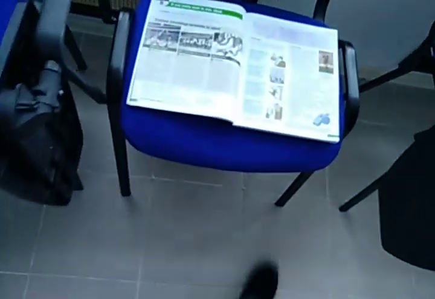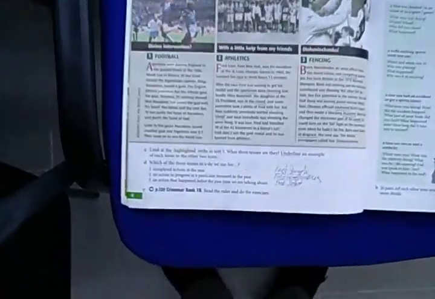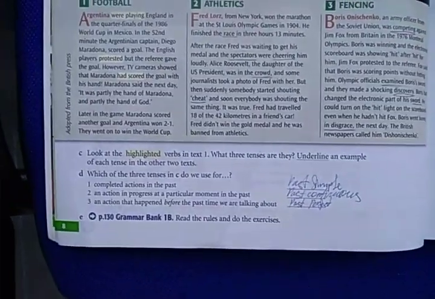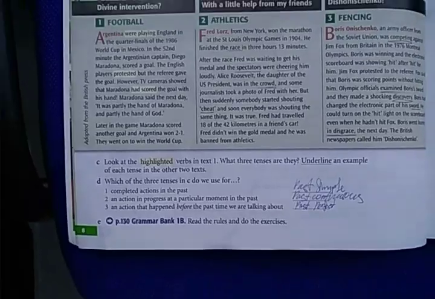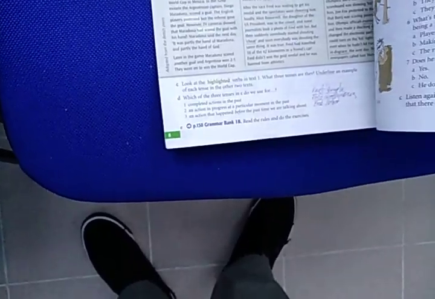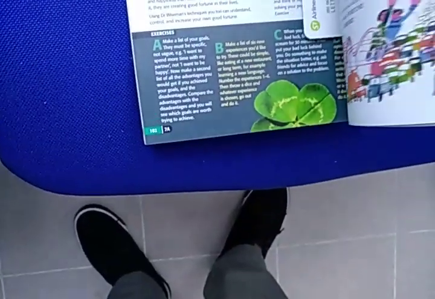Then we would do some exercises on page 130 because I explained to them the meaning. Now it's time to practice. Page 130.